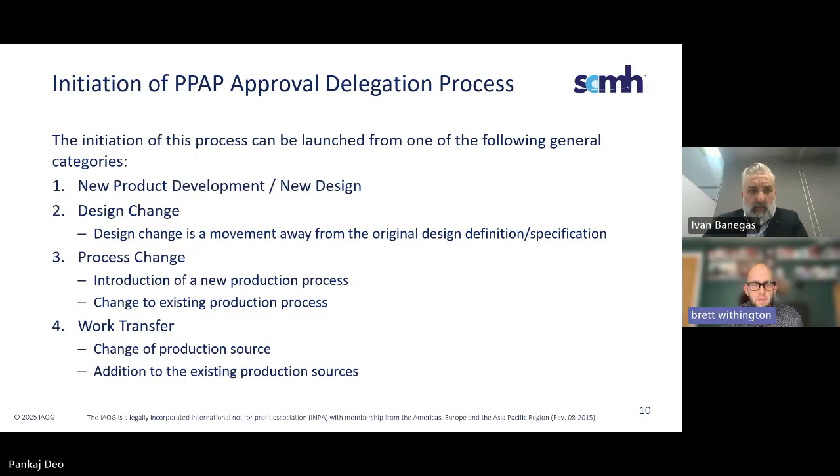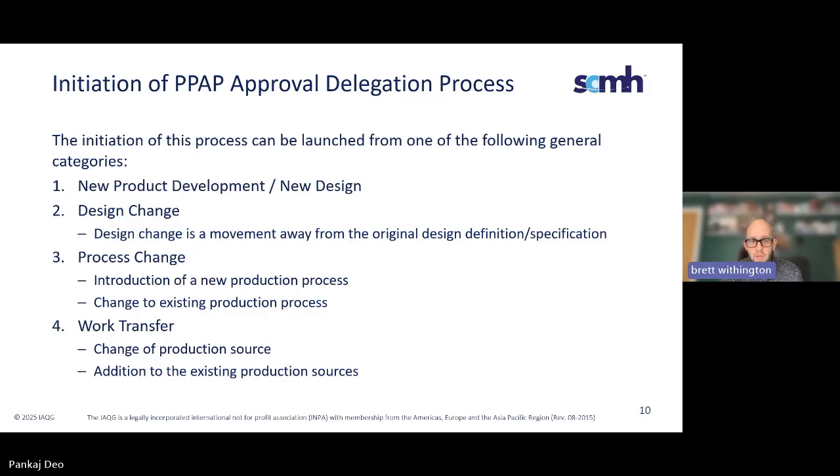We've got new product development or new design, a design change, process changes, or work transfer. These are events that might happen within the building that then initiate the process for the PPAP delegation. Okay, next slide, please.